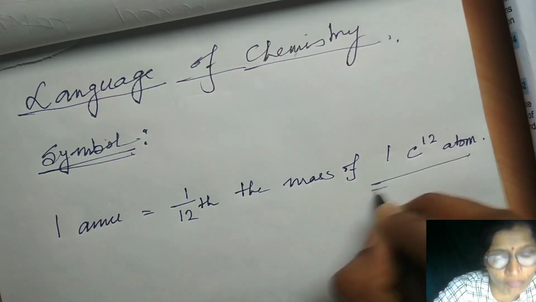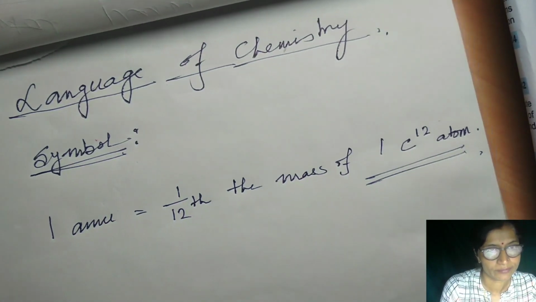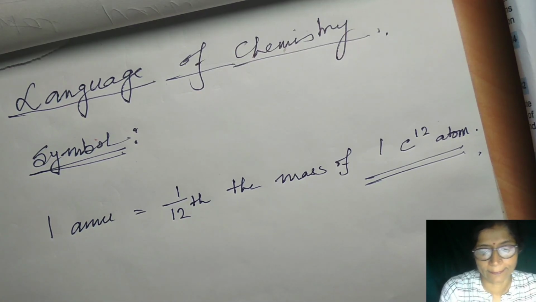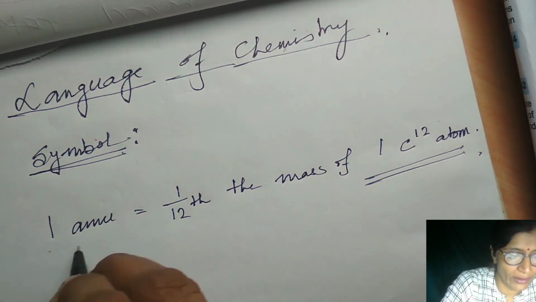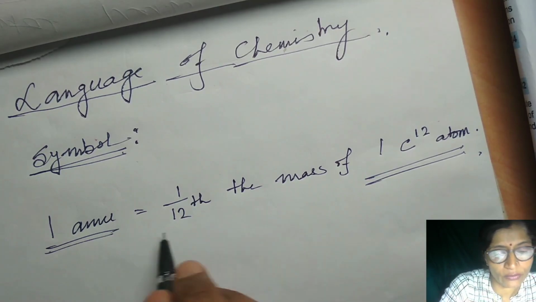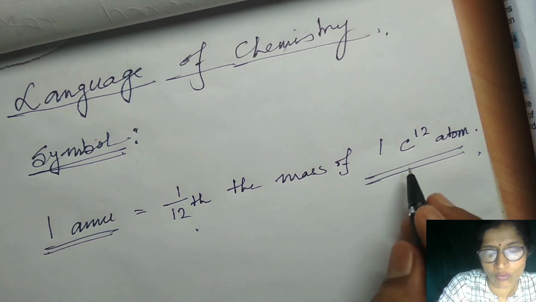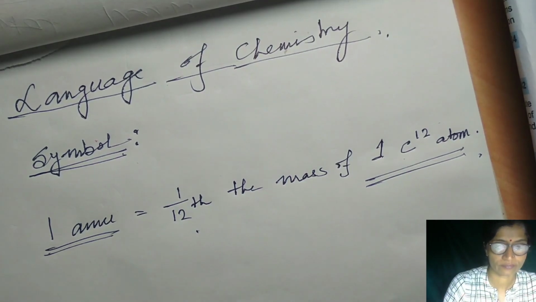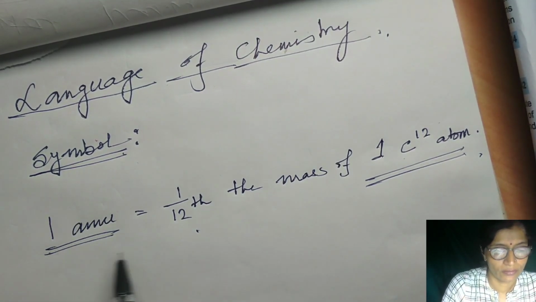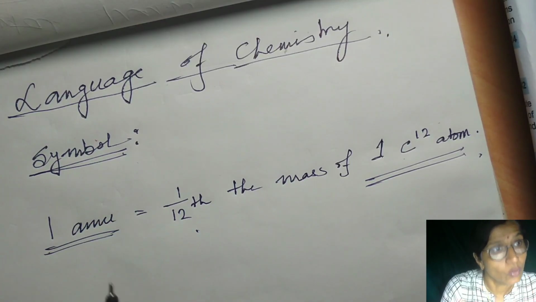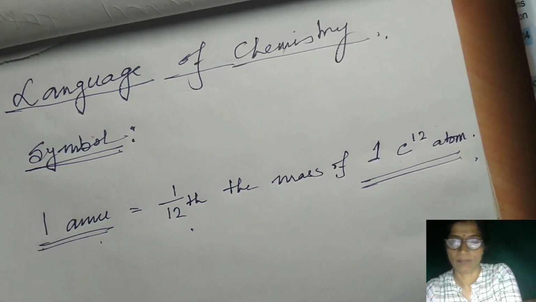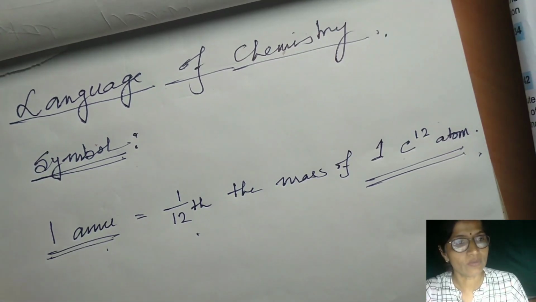The mass of one carbon-12 atom. So that is the quantitative meaning of symbol. So this is all about symbol.